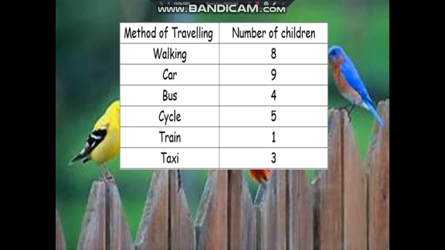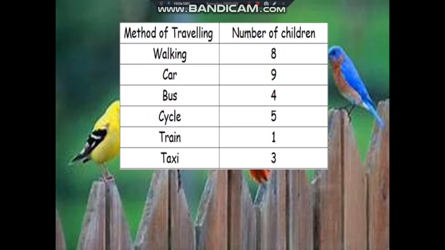In this, I have collected the data of children who are using different modes of traveling. If the question is asked, tell the least mode used by children. Least mode means very less and the smallest number is 1. Your answer will be train.